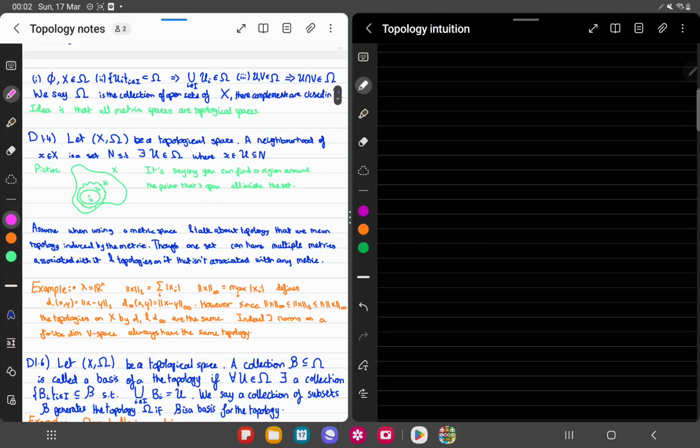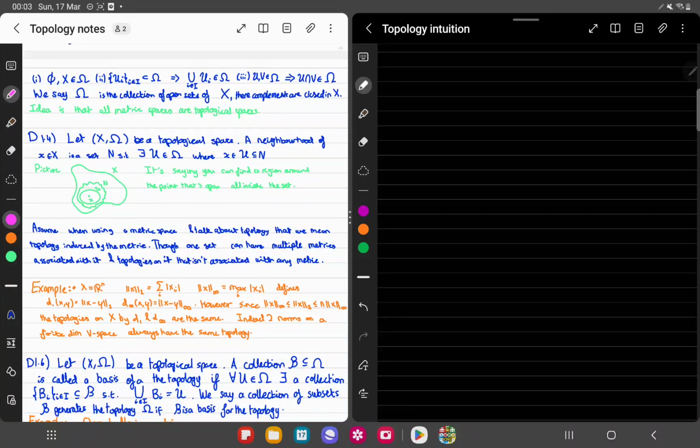Definition 1.4, let (X, omega) be a topological space. So in the same way as we did before, rather than saying that (X, d) is a metric space, I'm going to say (X, its topology), where the set of open sets is the topology. We just say the ordered pair is a topological space.